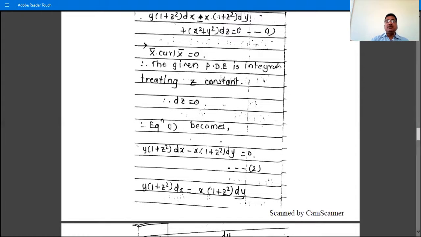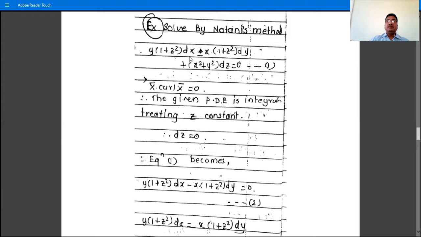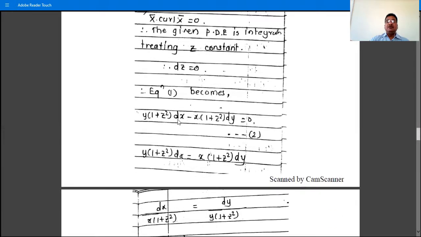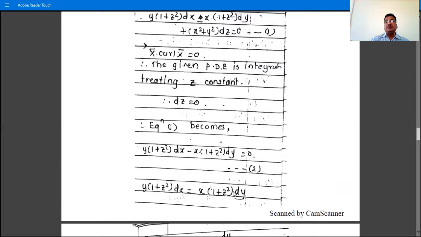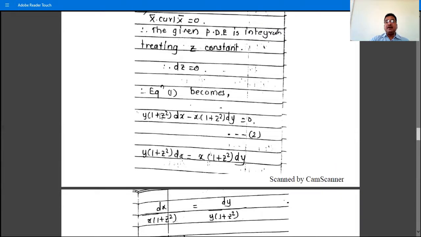So the first step is: treat z as constant. Therefore dz is 0, and therefore equation 1 becomes y(1 + z²) dx − x(1 + z²) dy = 0, because dz is 0. And in this, 1 + z² is now constant, because z is constant.